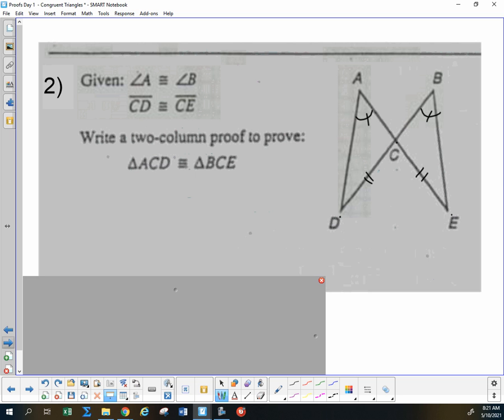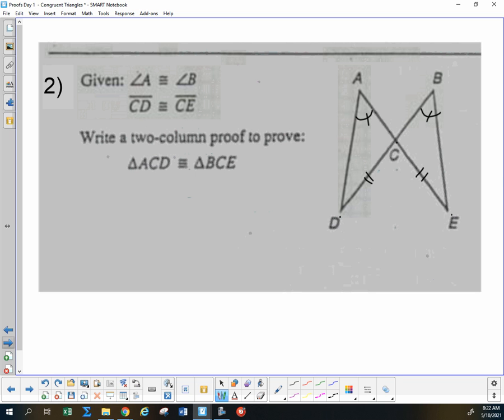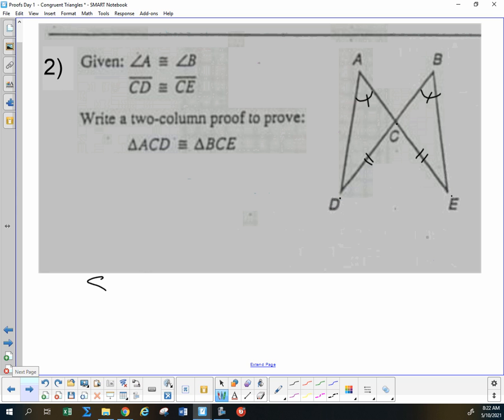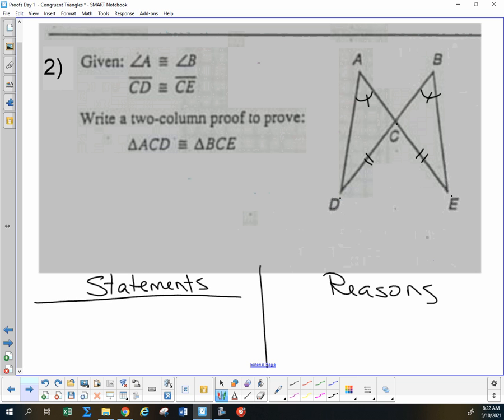Okay, we don't need to copy this down yet, but we need to prove that the 2 triangles are congruent. So the way that we do a proof, we do a T-table, and you actually write statements and reasons. And you need a list of numbers on both columns, not just on the first column.